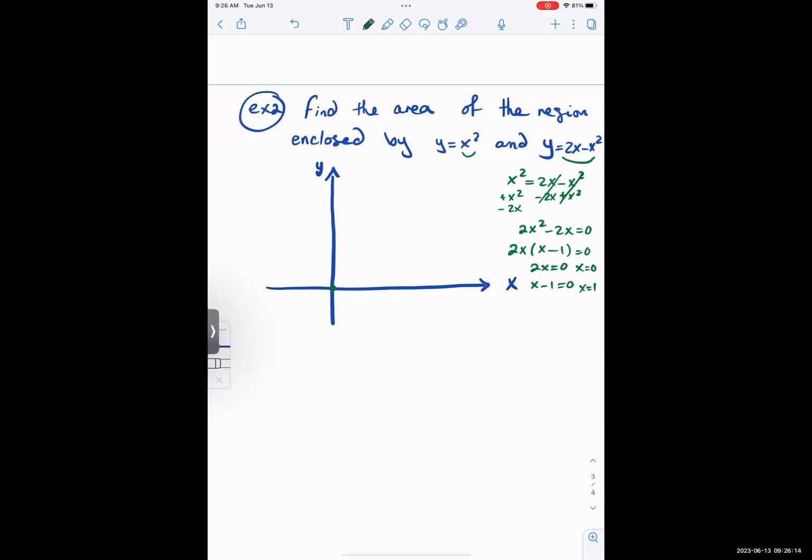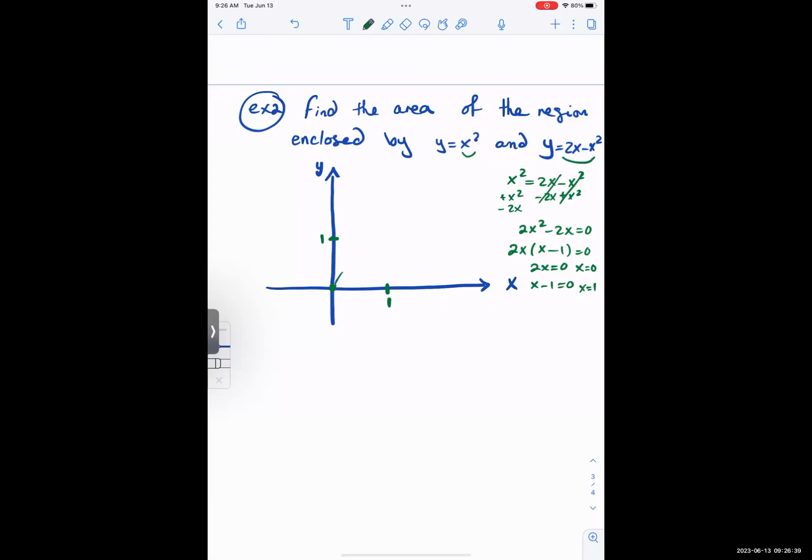So at x equal 0 and at 1, the two functions are intersecting each other. At 0, it's (0, 0). At 1, they are both (1, 1), because if I plug 1 into x squared, it's 1. If I plug 1 into 2 times 1 minus 1 squared, it's 1.